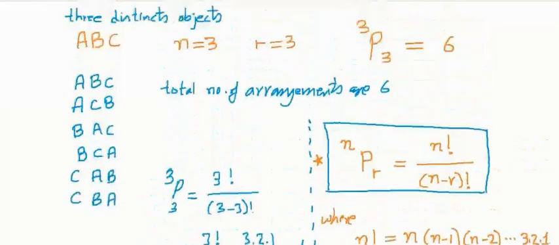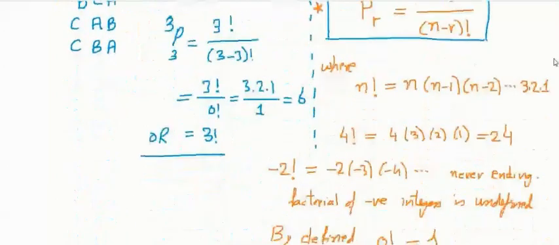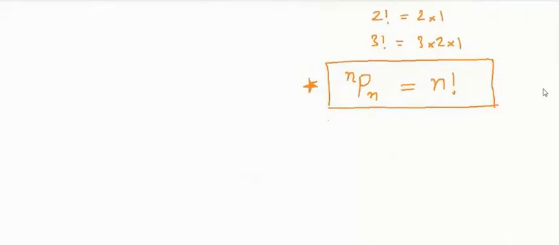The condition is that all the n items are distinct. So distinct items are taken. If some items are repeated, that kind of situation we will do later. First we will get perfect training on distinct items. So basically we have only one formula, which is nPr or n factorial only.